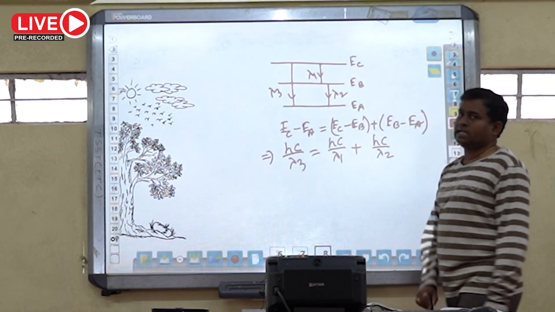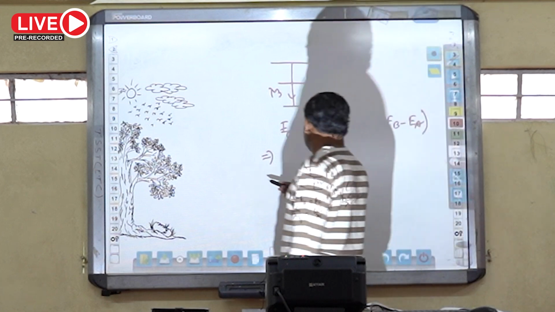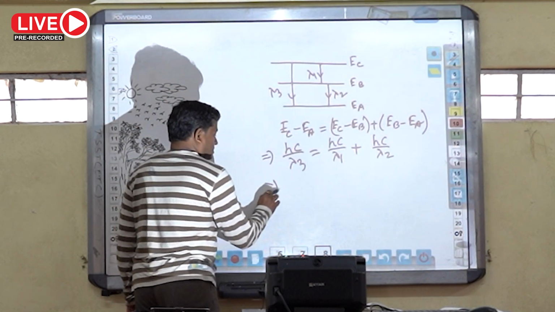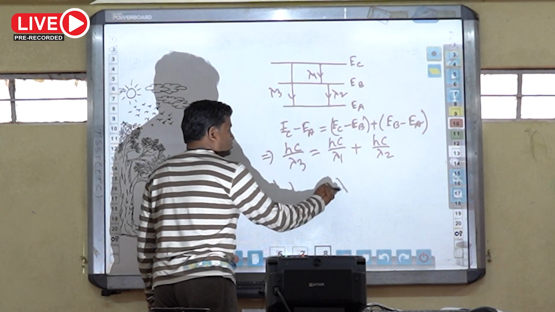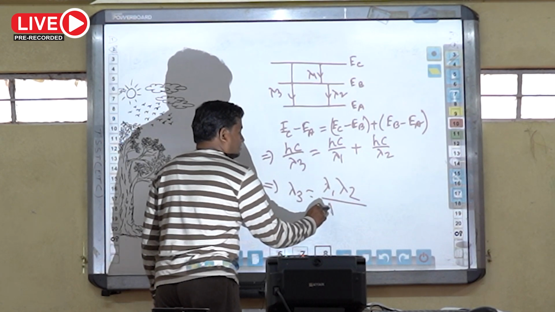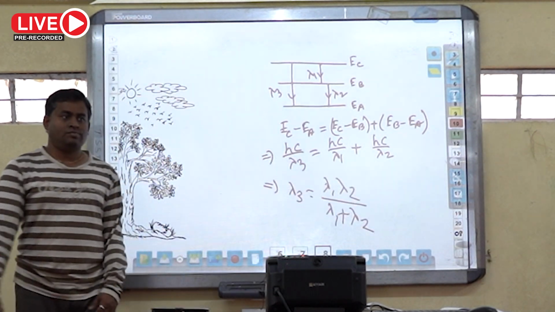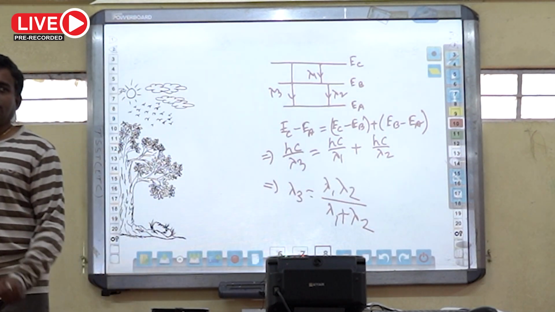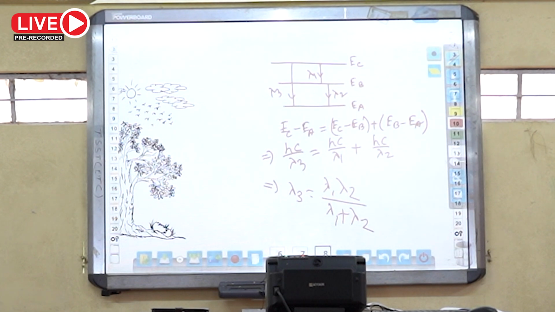So hc will cancel, and you can find lambda 3 equal to lambda 1 lambda 2 by lambda 1 plus lambda 2. Take the LCM, add, and take the reciprocal.